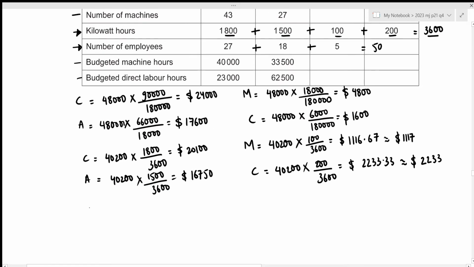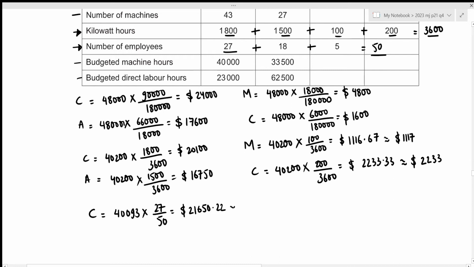So the reapportionment of canteen overheads towards our cutting department is just going to be 40,093 multiplied by 27 employees out of the total of 50 belongs to our cutting department. So we're just going to utilize this fraction, 27 by 50, which results in the reapportionment towards cutting department to have the value of 21,650.22.